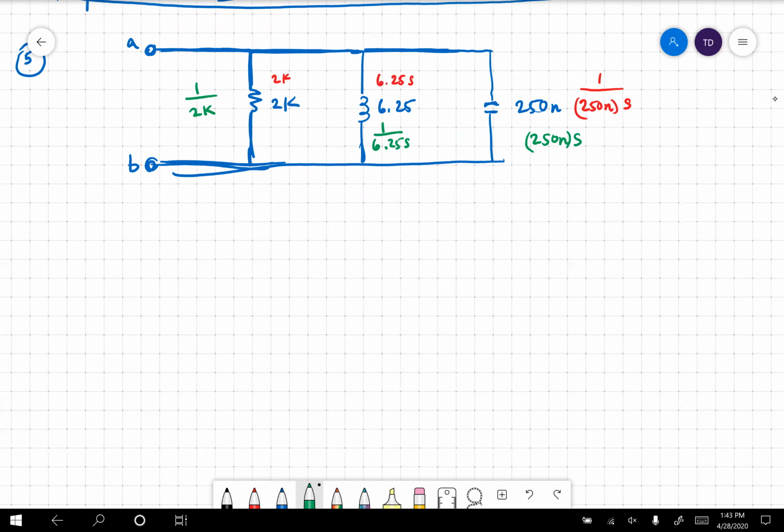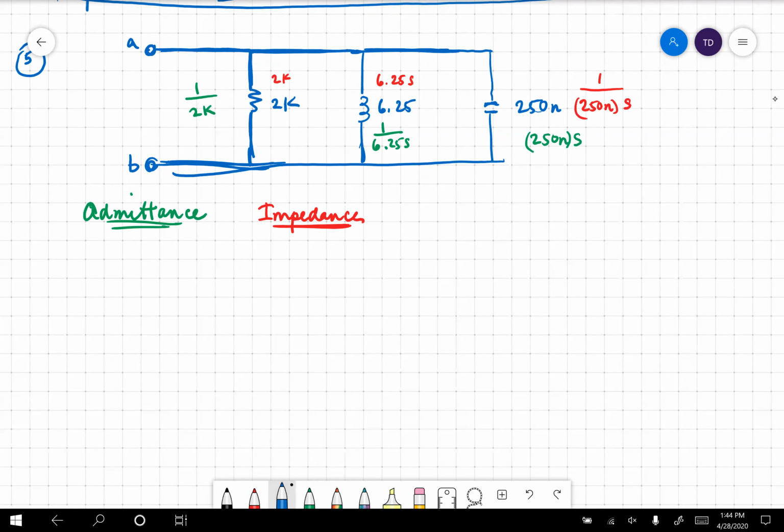So green is admittance. So never be afraid to look at admittance. Sometimes it makes the problem solving easier. Red is impedance. When you're in a parallel situation, especially when you're in the S domain, it's usually easier to do the admittance because we know the admittances all add.